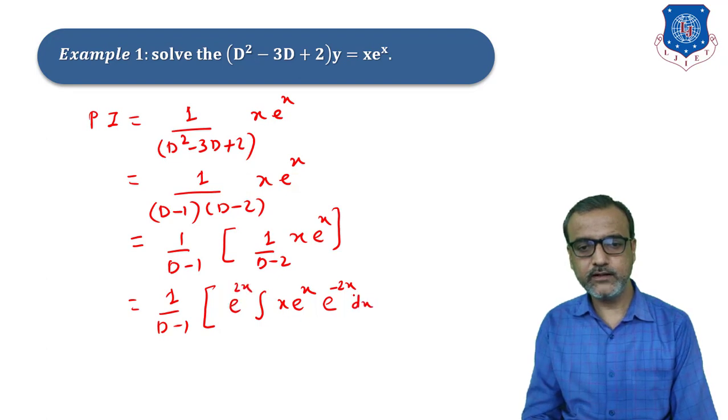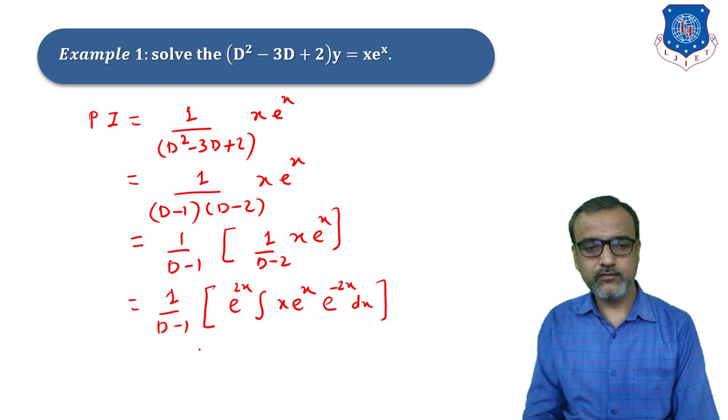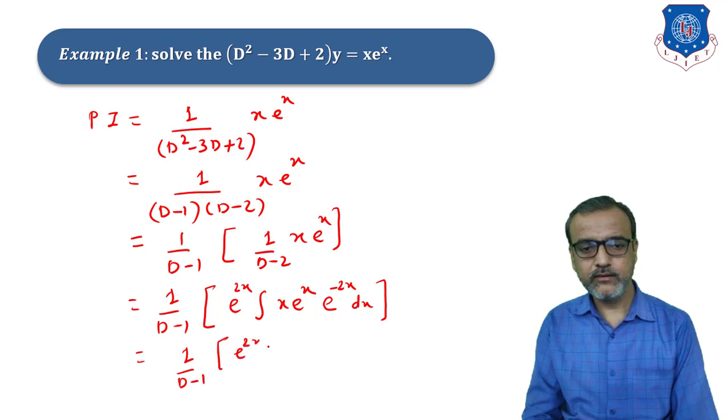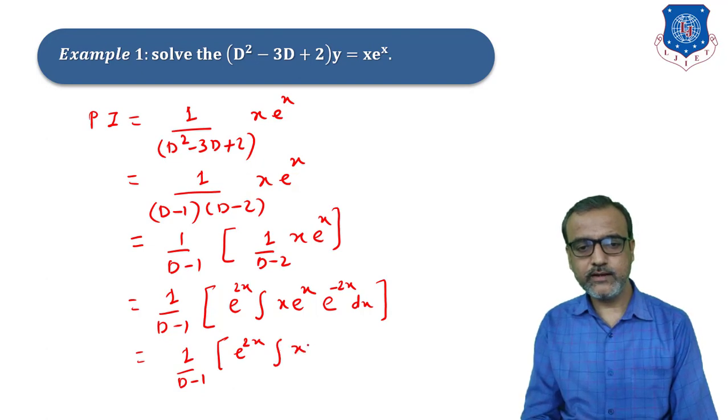So this equals 1 upon D minus 1, e raised to 2x as it is. Now integration of x as it is, e raised to x times e raised to minus 2x, that is e raised to minus x. Now we will integrate x e raised to minus x.